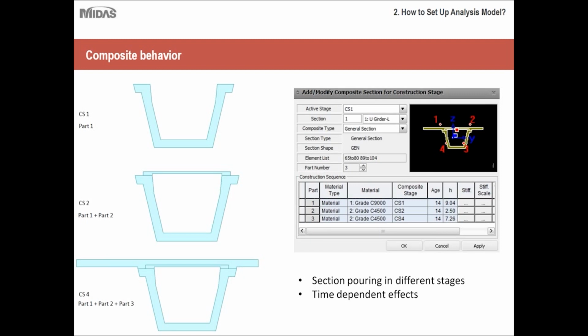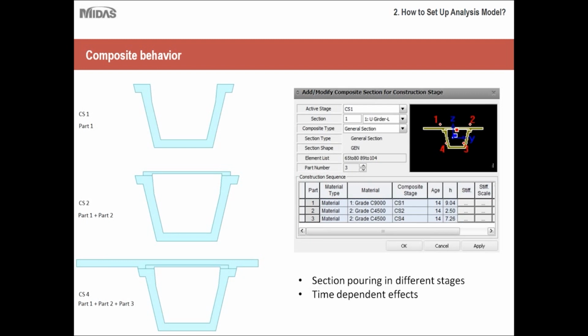engineers face even more challenges, and many times the girder material, the lid material and the deck material are not the same. As you can see in this example here, the part 1 material is C9000, and part 2, which is the lid and the deck, has C4500 grade of concrete.